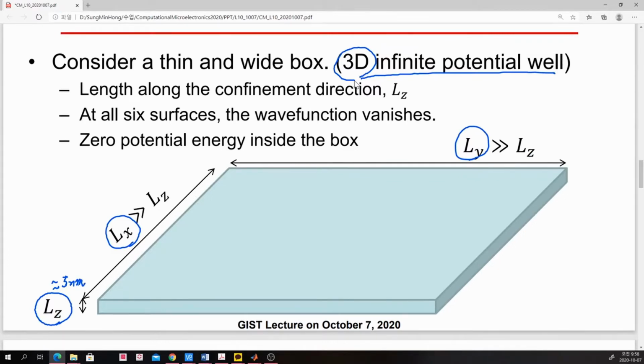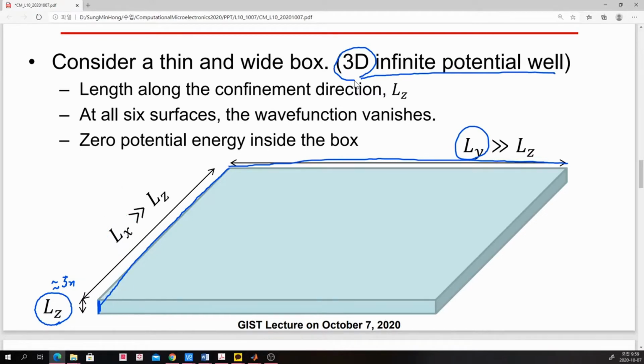And Lx can be any number, for example 100 nanometers, which is much larger than 5 nanometers. So in this case the quantum confinement actually occurs only along the z direction. Along the x direction or the y direction, we can just treat it as a free electron.